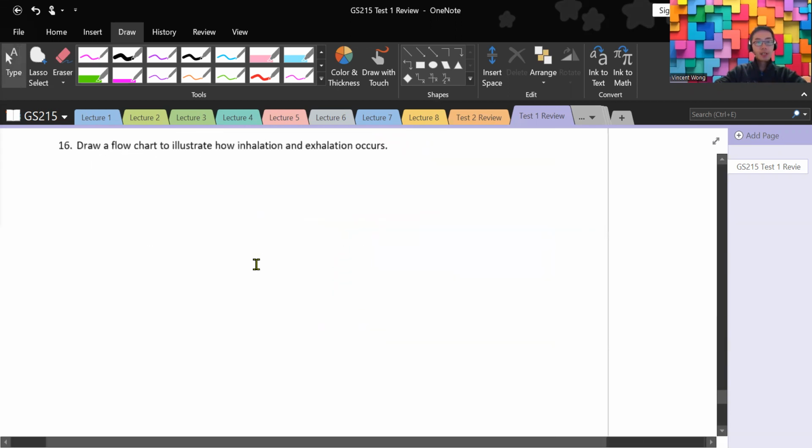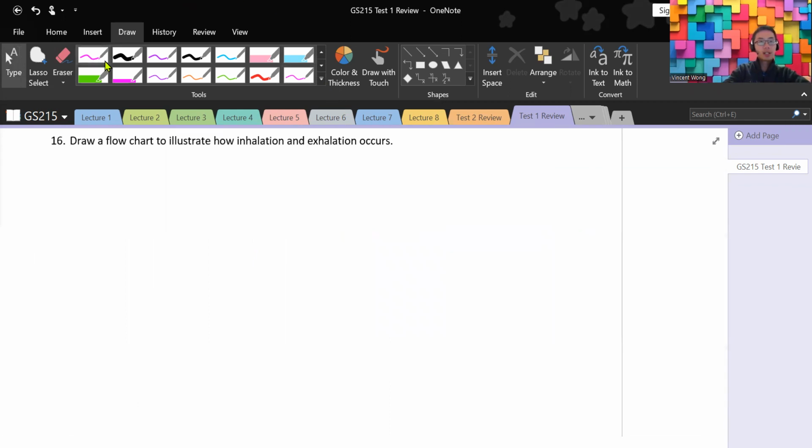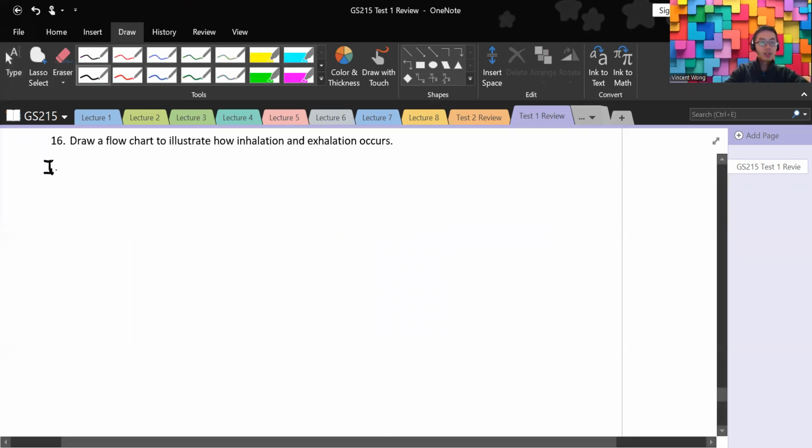Draw a flowchart to illustrate inhalation and exhalation. Sure, we can do that. So let's do inhalation, that's for breathing in, right? In order to breathe in, two things must happen.